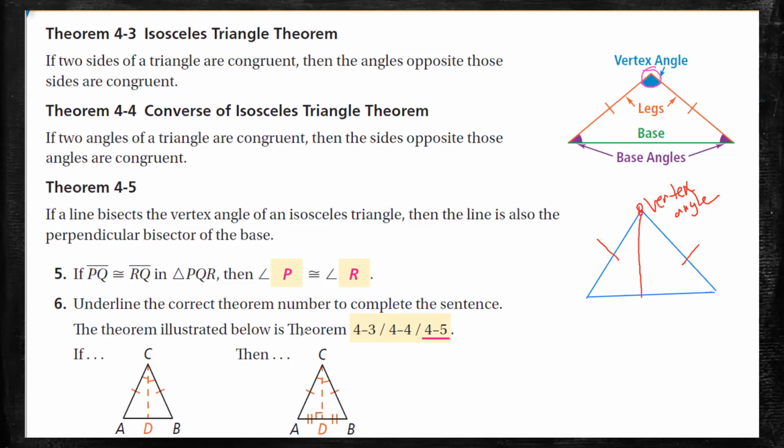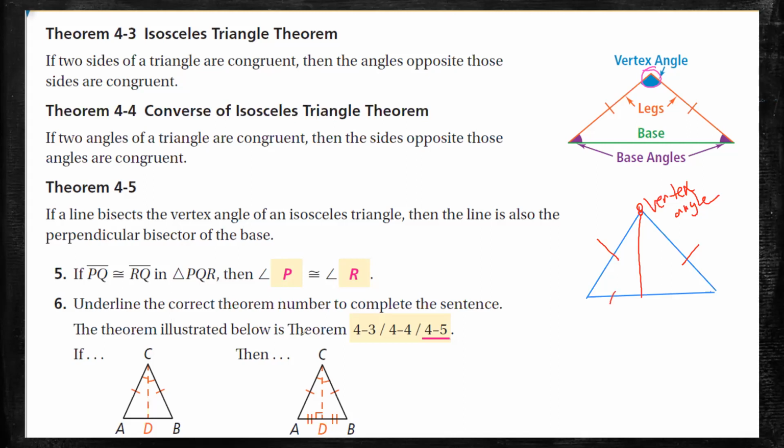So, if there is a line segment that comes from the vertex angle of an isosceles triangle, there are two conditions that I must have: I must have an isosceles triangle, and the point that the line segment starts from is the vertex angle. If it comes from the vertex angle in an isosceles triangle, it makes two things.